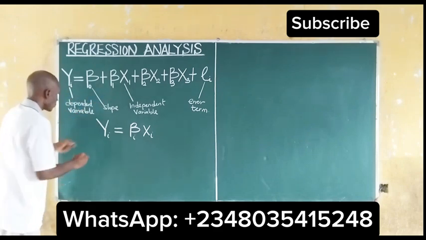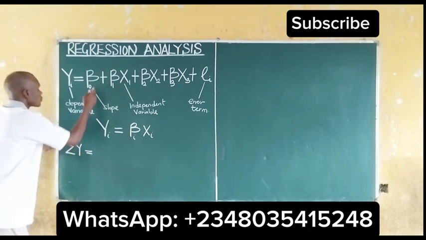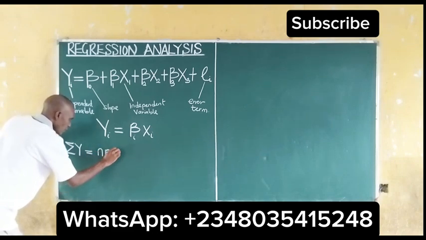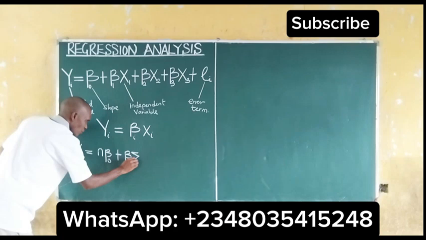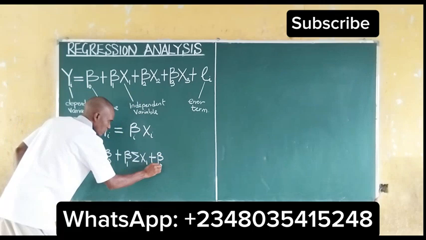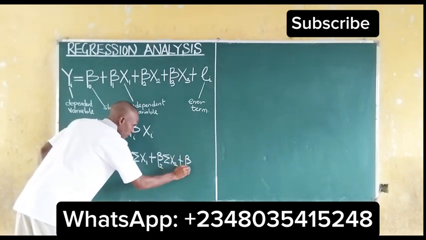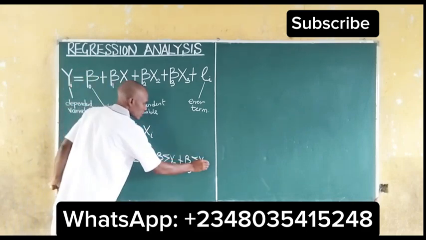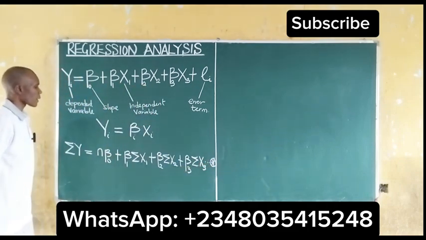If we take the sum of this, we get summation of y is equal to, if we take the sum of a constant, you get n multiplied by that constant, plus b1 summation of x1 plus b2 summation of x2 plus b3 summation of x3. Let's call this our equation star.